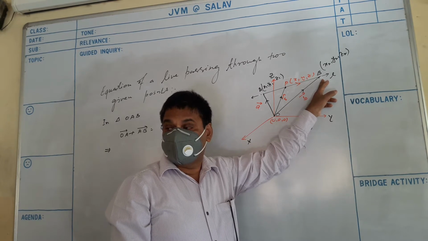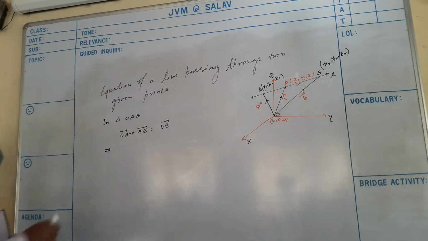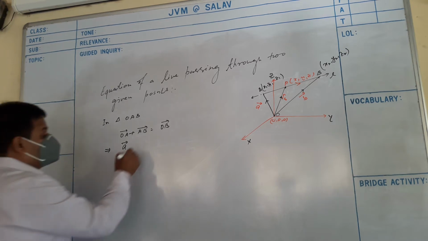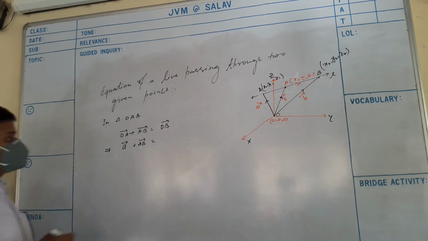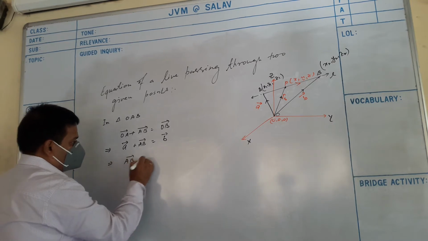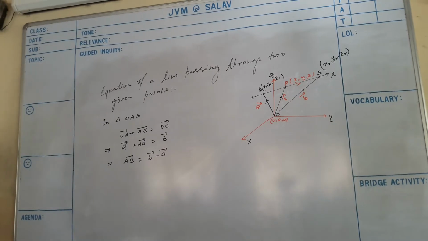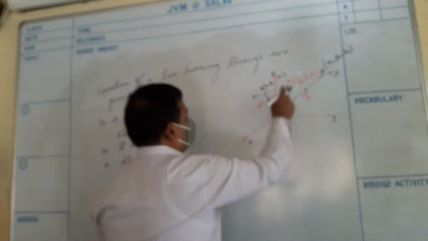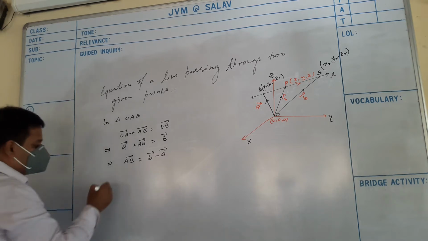So vector OA, the position vector, is vector A, plus vector AB is equal to vector B. So it implies vector AB is equal to vector B minus vector A.